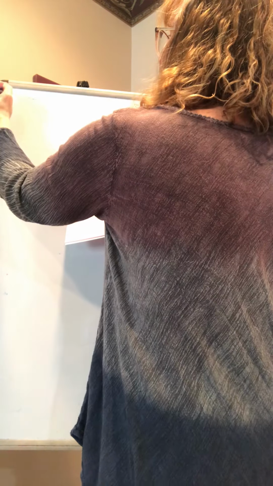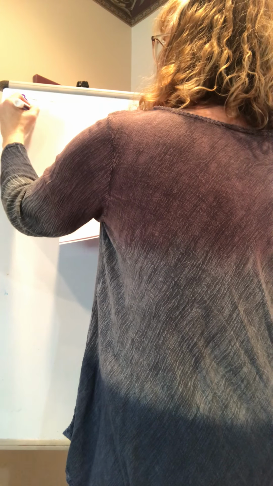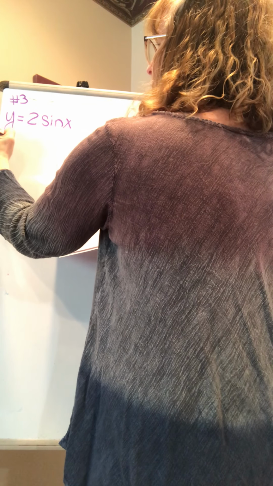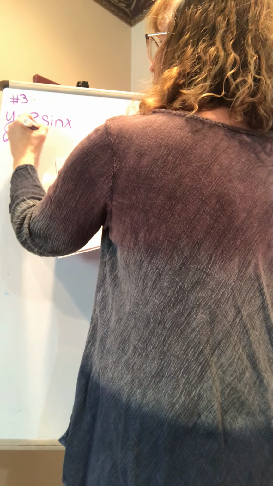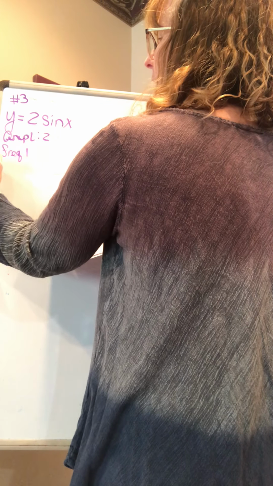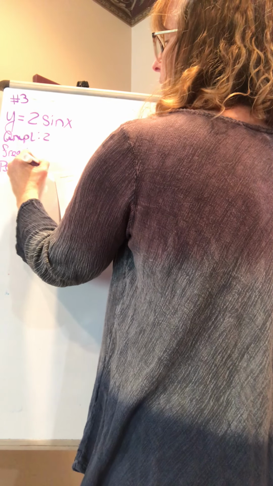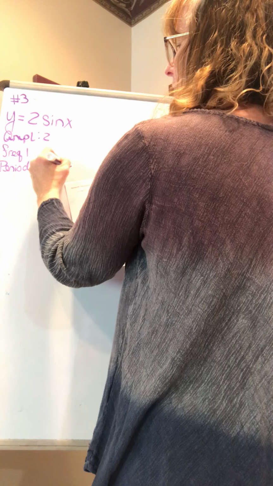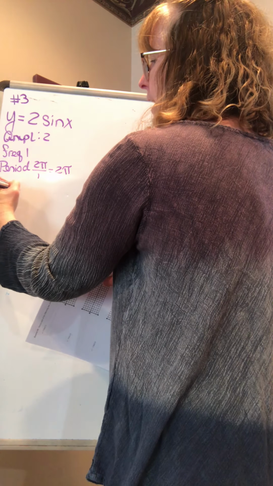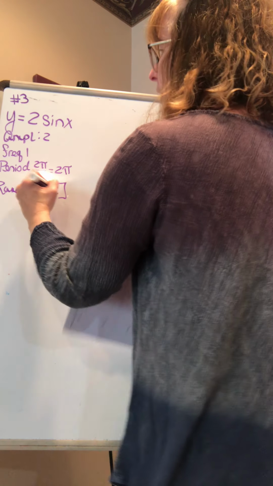So when I look at exercise 3, and I have y is equal to 2 sine of x, well, my amplitude is 2, my frequency is 1, my period is 2 pi divided by 1, 2 pi, and if my amplitude is 2, my range is going to oscillate from -2 to 2.